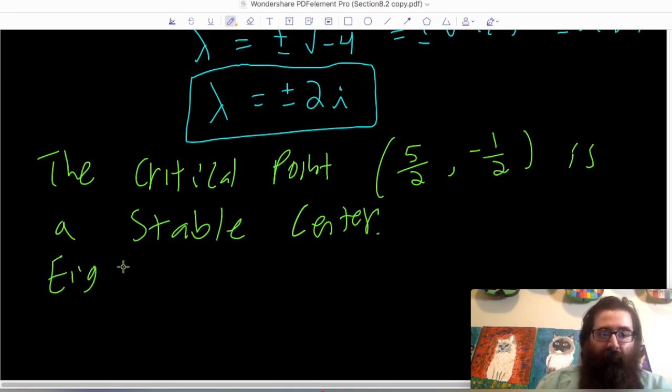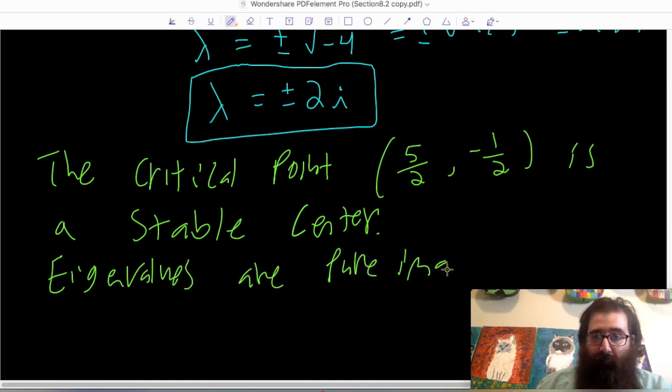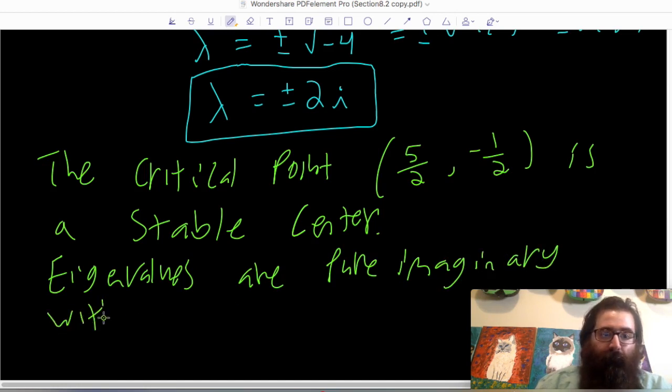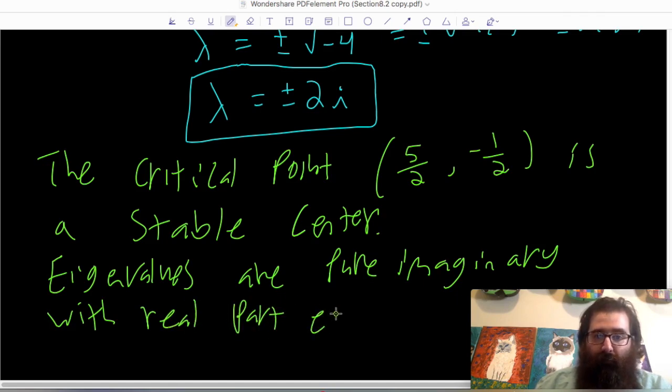The eigenvalues are pure imaginary with real part equal to 0.